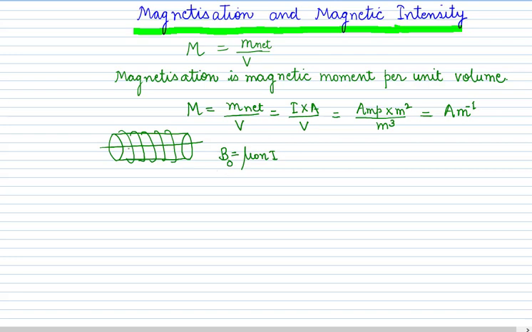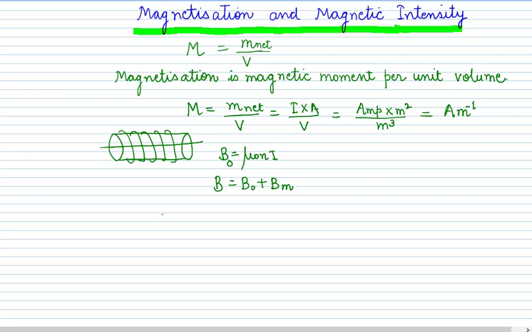Now what we do is that inside the solenoid we place a magnetic material. So if there is magnetic material inside the solenoid, it will also get magnetized. So now the total magnetic field will be the sum of the initial magnetic field plus the magnetic field due to that magnetized material. This is our initial magnetic field of a solenoid and this is due to the magnetic material we have inside the solenoid.